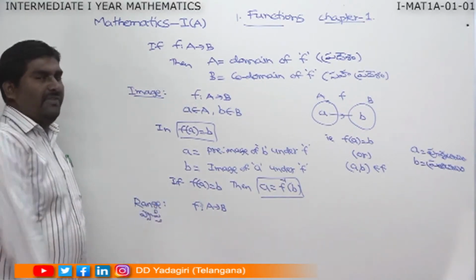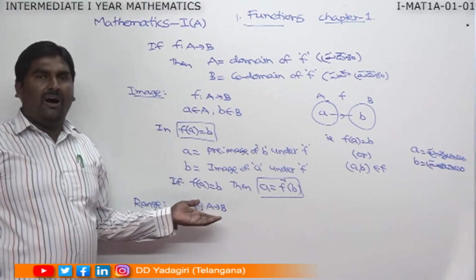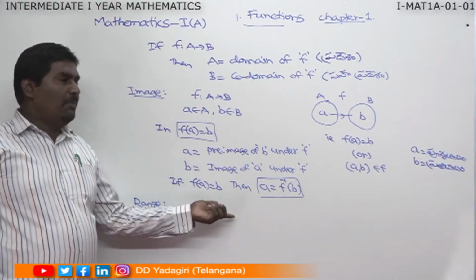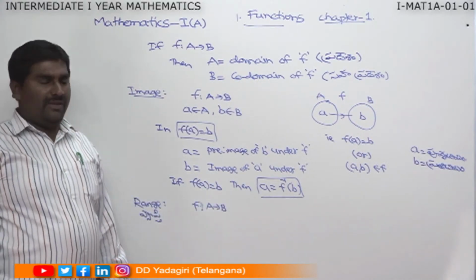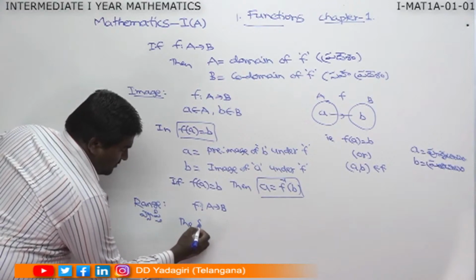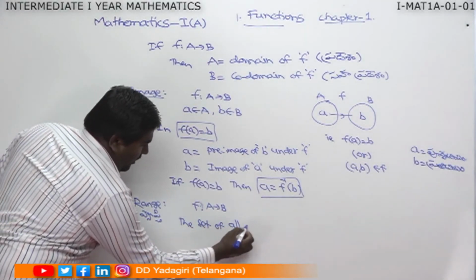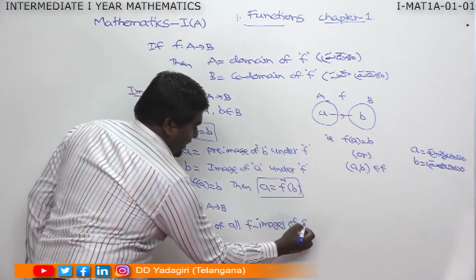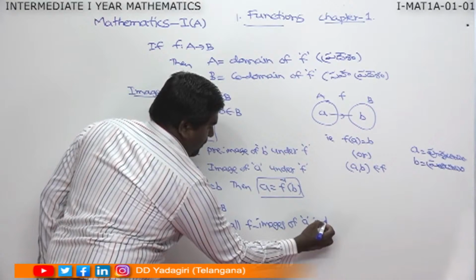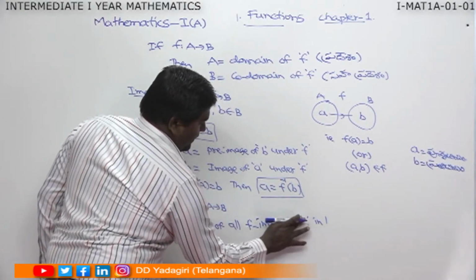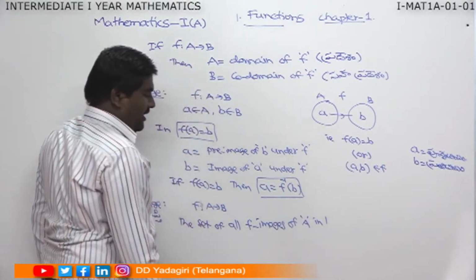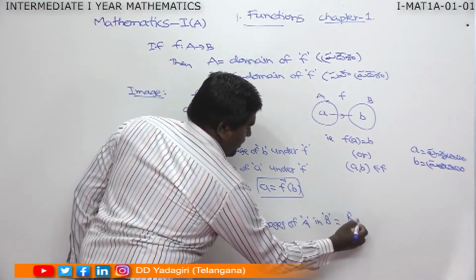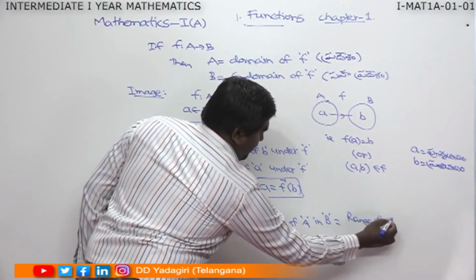The range of f is defined as the set of all f images of a in B, and that set is called the range of f.